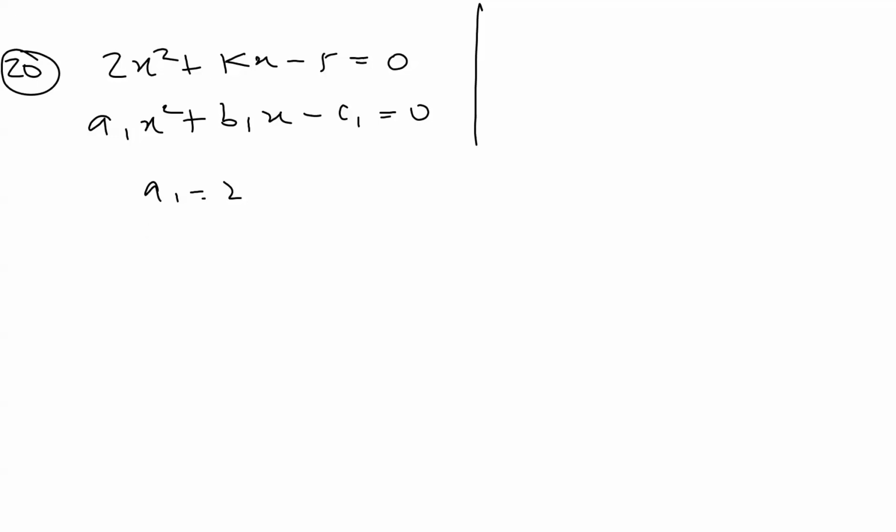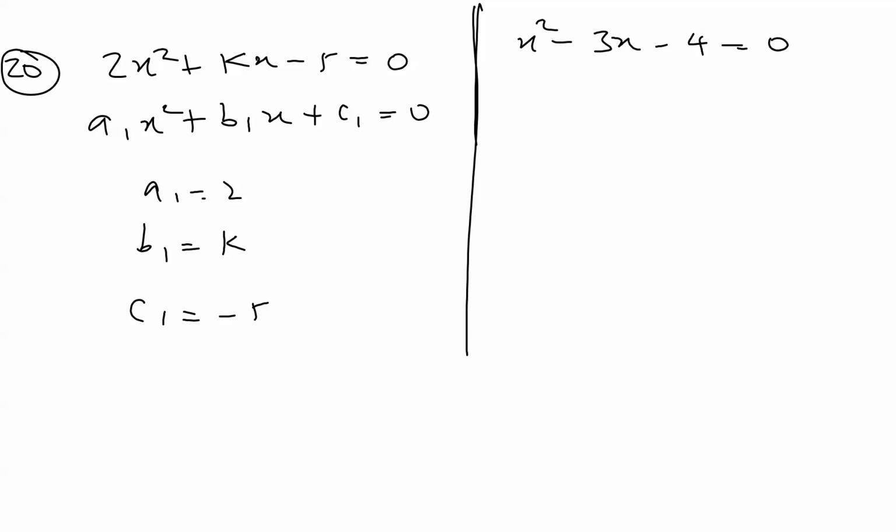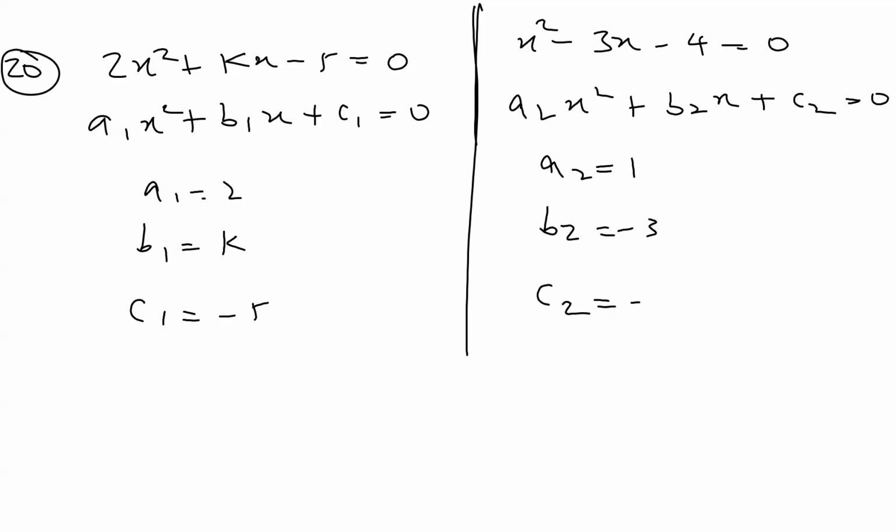So a1 equal to 2, b1 equal to k, c1 equal to minus 5. The second quadratic equation is 3x square minus 3x minus 4 equal to 0. So a2x square plus b2x plus c2 equal to 0. a2 equal to 3, b2 equal to minus 3, c2 equal to minus 4.